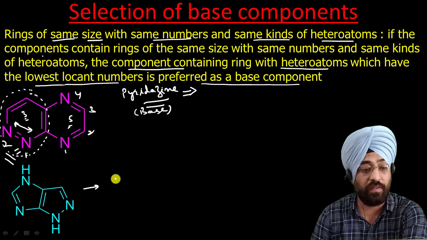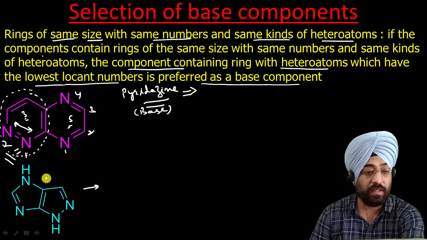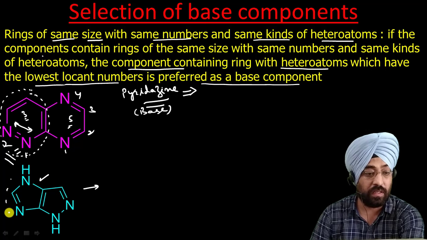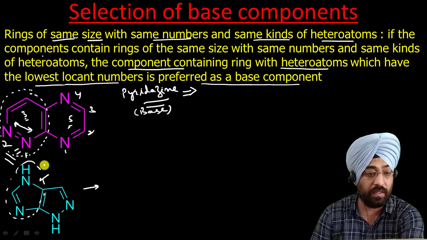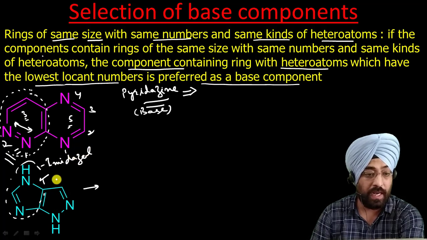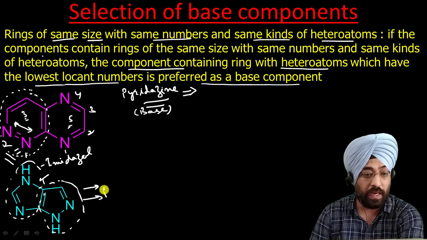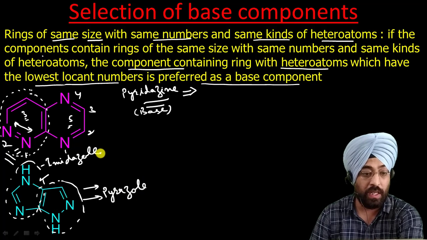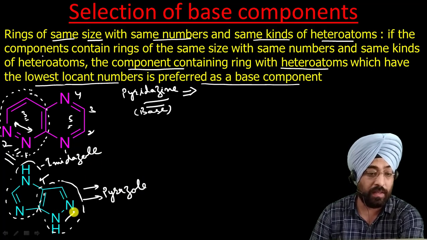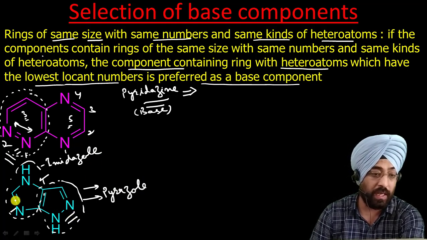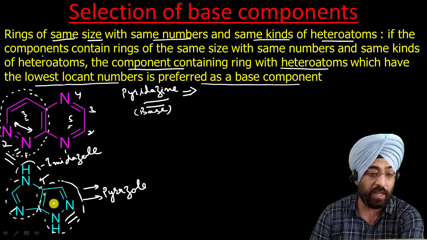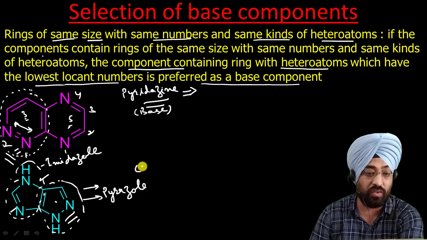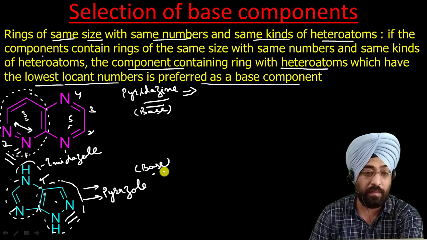Similarly, in this case we have two components. This component is imidazole and this component is pyrazole. You can see here the two heteroatoms are closer, and here they are far, so the sum of locants will be less in this case, so this pyrazole will be taken as the base component.